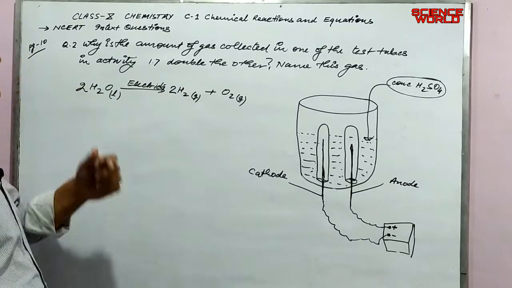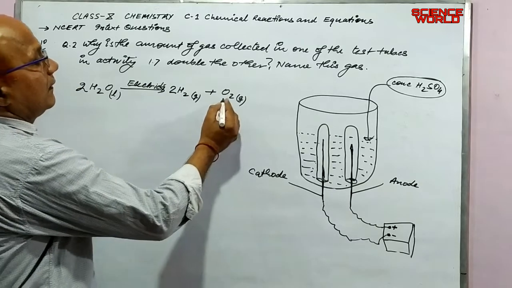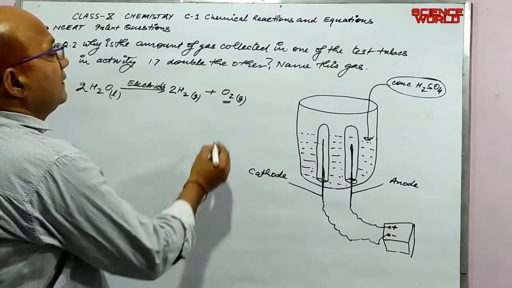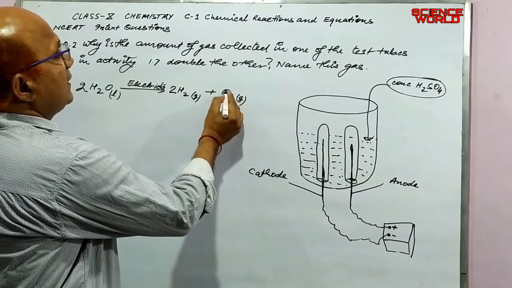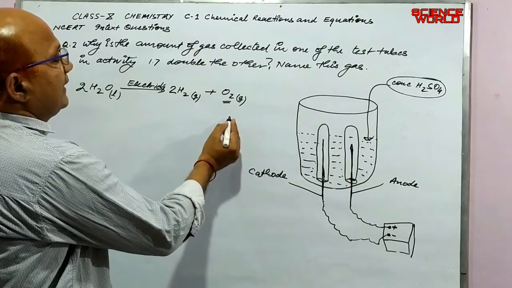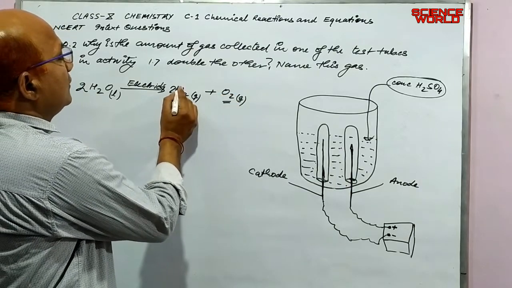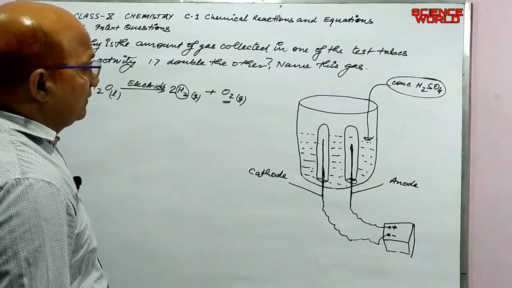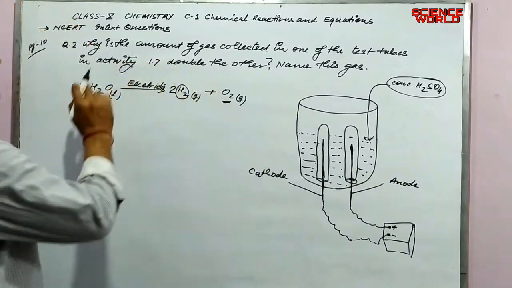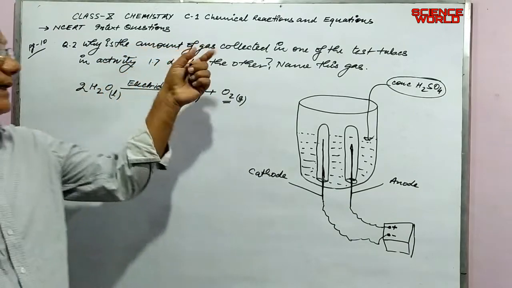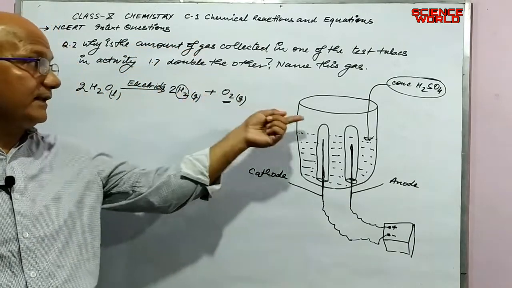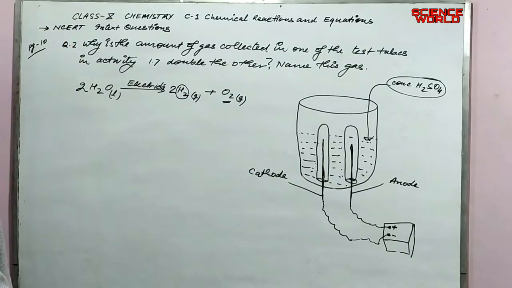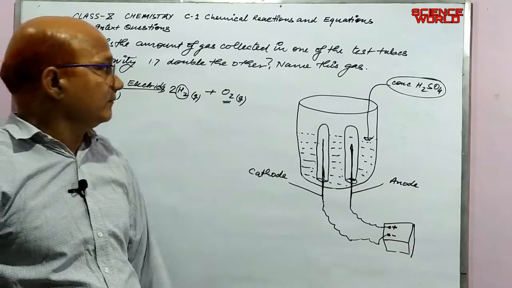Now you can see the gas collected: 1 mole oxygen gas is collected and 2 moles hydrogen gas are collected. So this is the related question: why is the gas collected in one of the test tubes double the other in this activity?